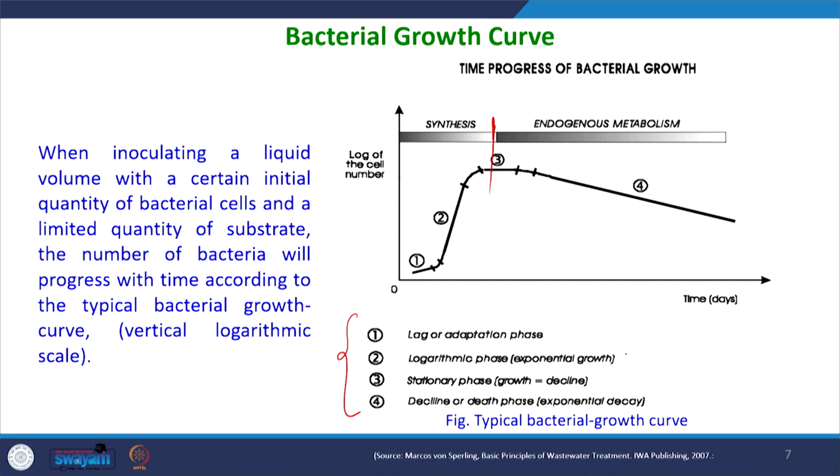Then we have the logarithmic phase where the exponential growth happens. Then we have the stationary phase, where growth and decline are in a way equal. Finally we have the endogenous respiration stage where the bacteria start decreasing continuously with time. This is the bacterial growth curve we can observe if we do wastewater treatment or growth of bacteria inside a batch reactor. So, this will be the curve that we will be obtaining.